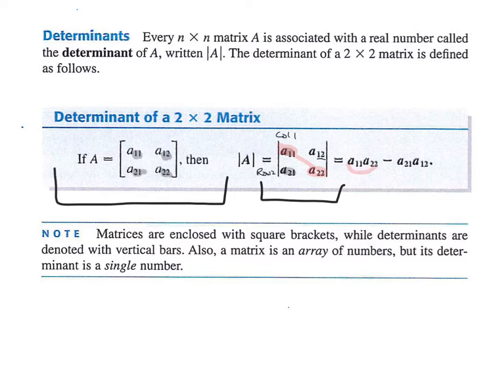Then we're going to multiply up this way and do row 2, column 1, times row 1, column 2, and that would be that product. We're going to get those two products and subtract them, and that will give us the value of the determinant of matrix A here. So let's try it with some actual numbers.